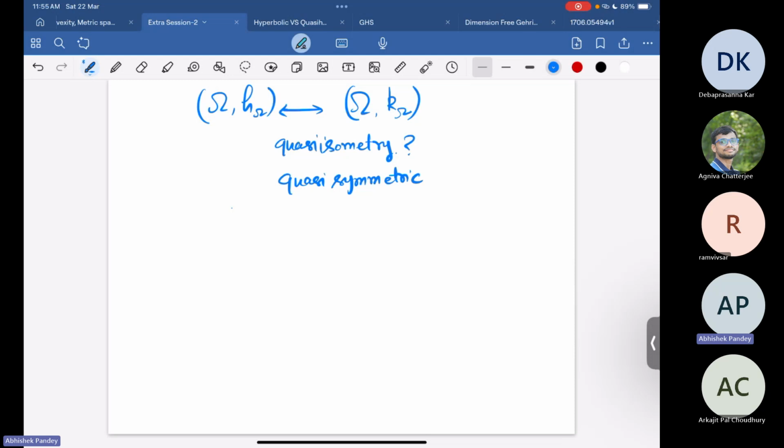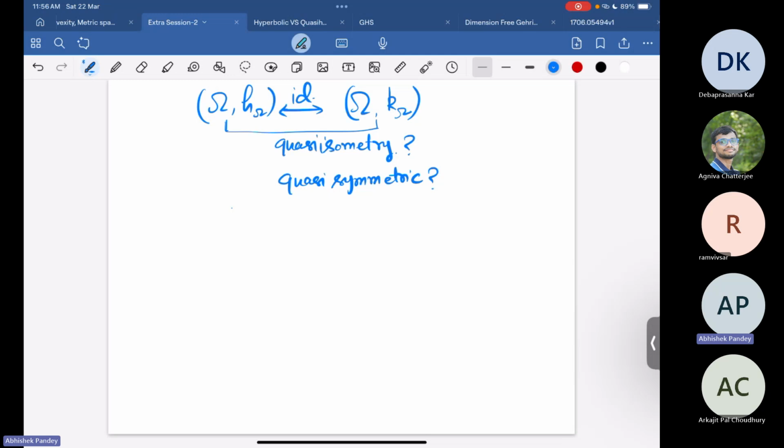So there is a paper by Heron on this topic, I will mention it later on. If the identity map is a quasi-isometry, then if one is Gromov hyperbolic, the other one has to be Gromov hyperbolic.